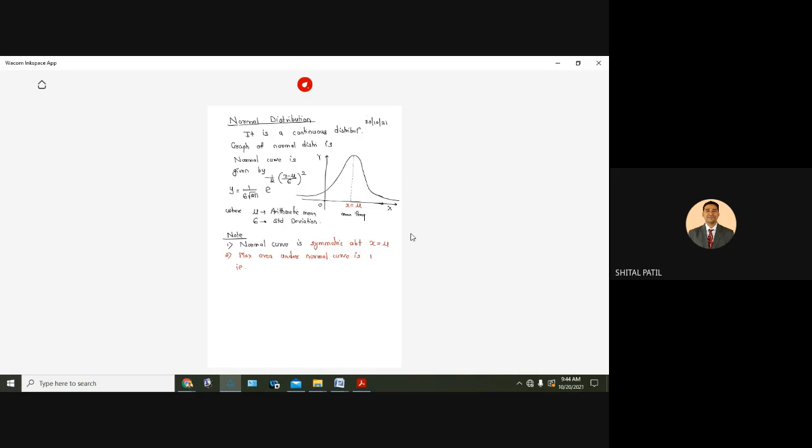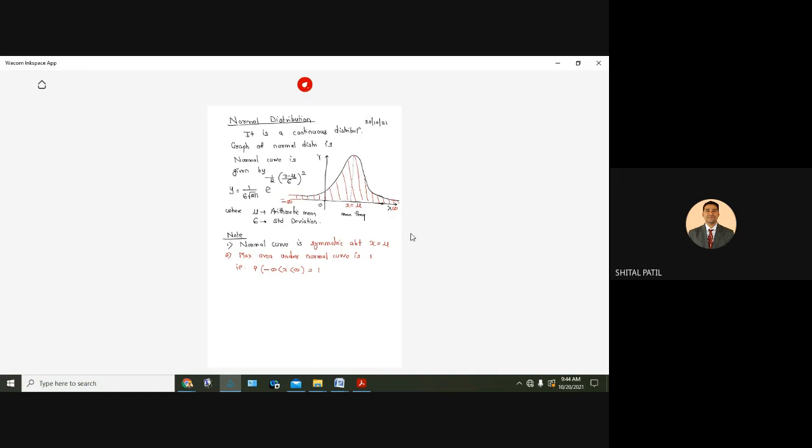Probability of x between minus infinity to plus infinity equals 1. This curve will intersect the x-axis at minus infinity and at plus infinity. So the total area under this curve is equal to 1.